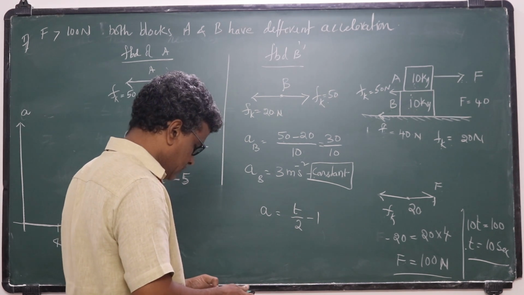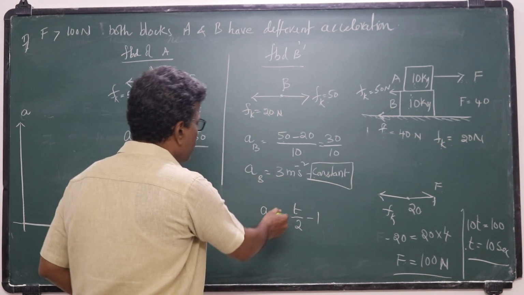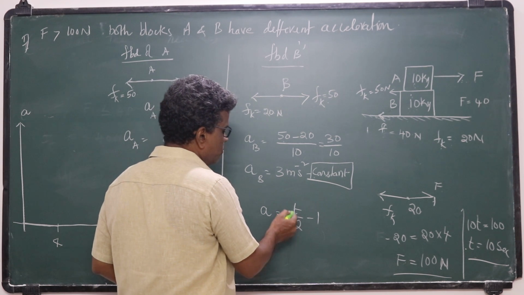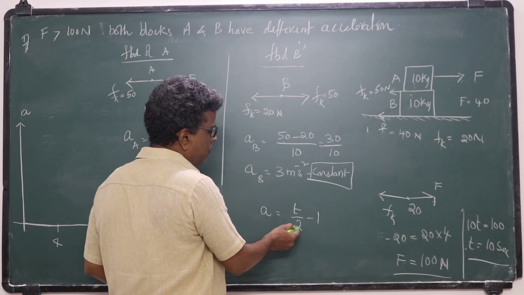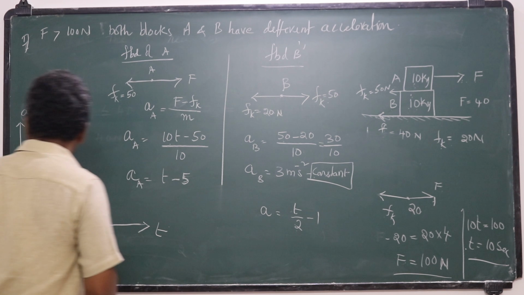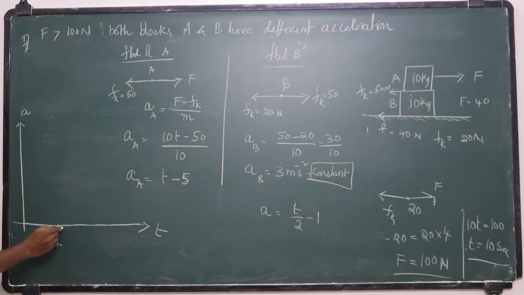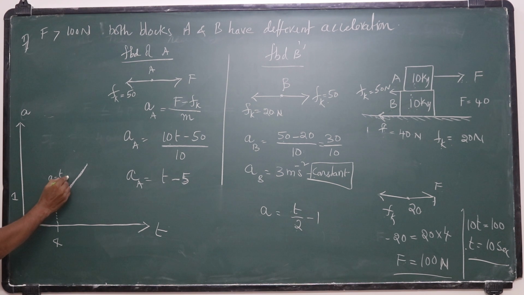So until 4 seconds, 4 by 2 is 2, 2 minus 1 is 1. So the acceleration starts from 1, having magnitude 1. After 4 seconds it will start from here, and it will increase gradually like this. How long will it increase? This acceleration is given by the function t by 2 minus 1.